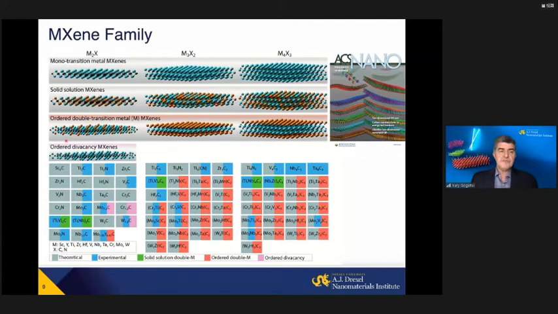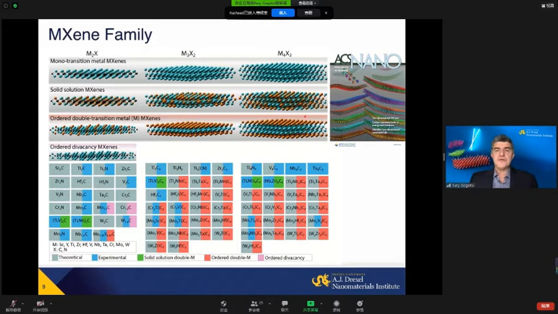If you remove yttrium or scandium, you end up with ordered divacancy MXenes, structures where monatomic columns of one element are missing. So you get the idea. We can really do atomistic engineering at the best level.